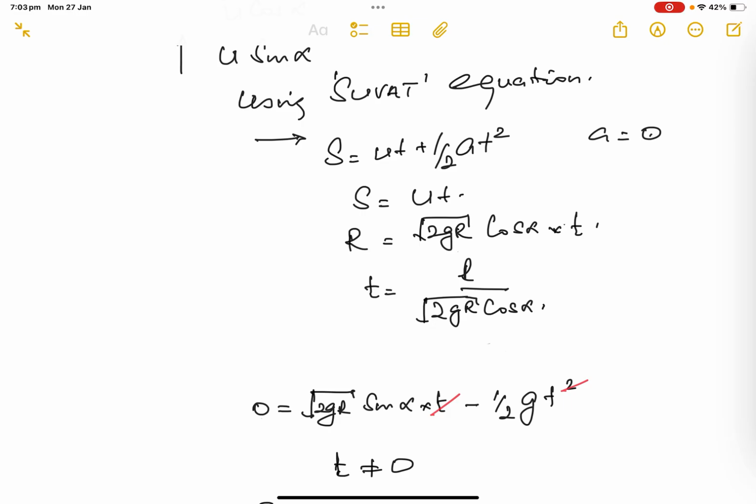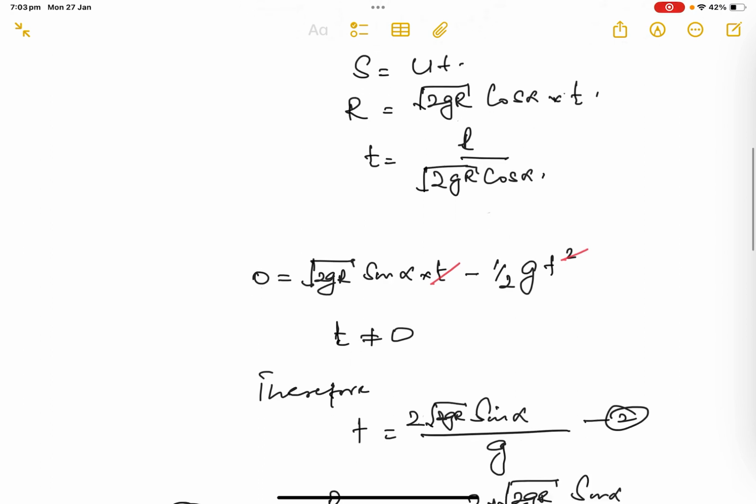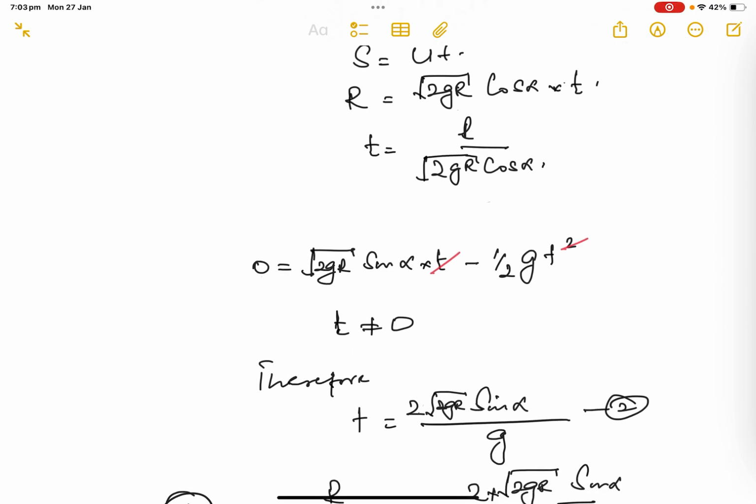So t equals R over the square root of 2gR cos alpha. So let's keep that. Then we can use that vertically. Looking at it vertically, the particle goes above the ground and comes back to the ground, so after it has reached the ground again, the vertical displacement is 0.